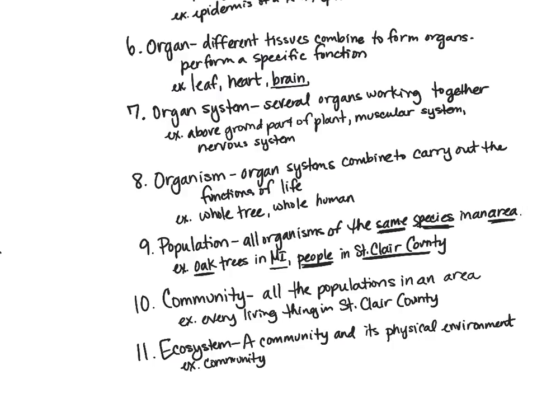Again, humans, trees, birds, fish, dogs, cats, all of the different populations in a particular area, say St. Clair County. So the community plus the water, right? The different water we have around here, the rocks, the sand, the air, all of this stuff in St. Clair County.